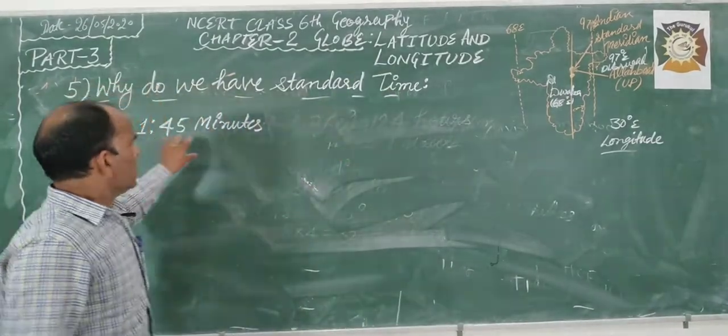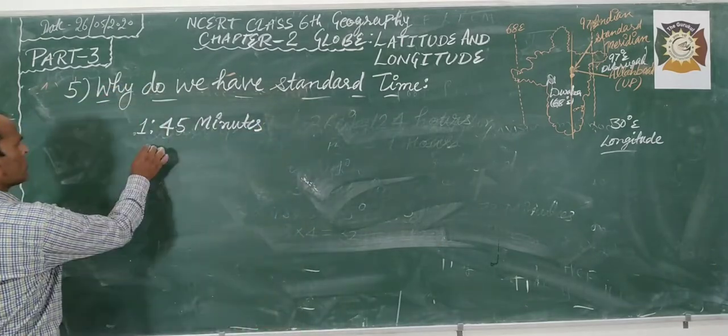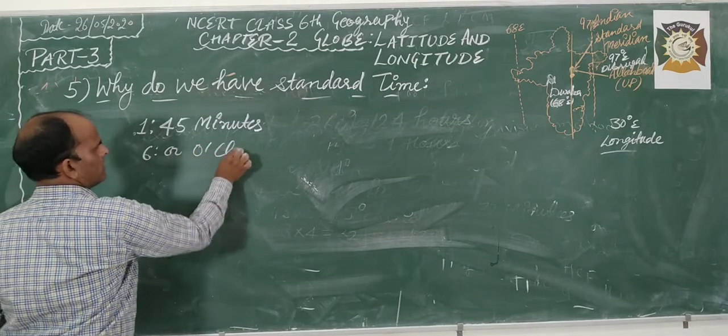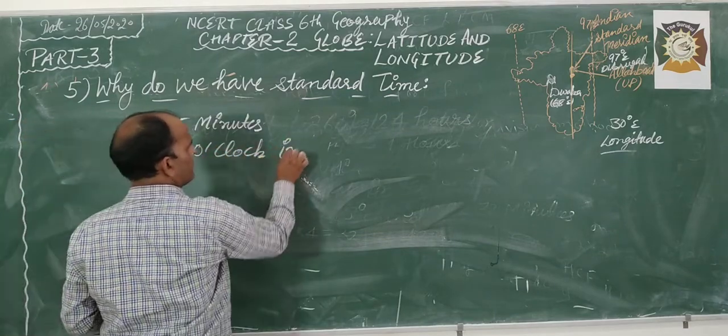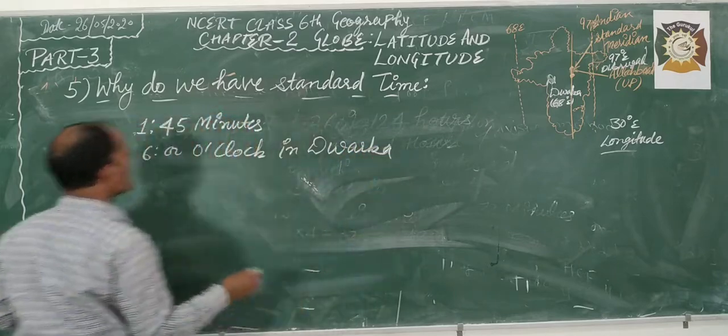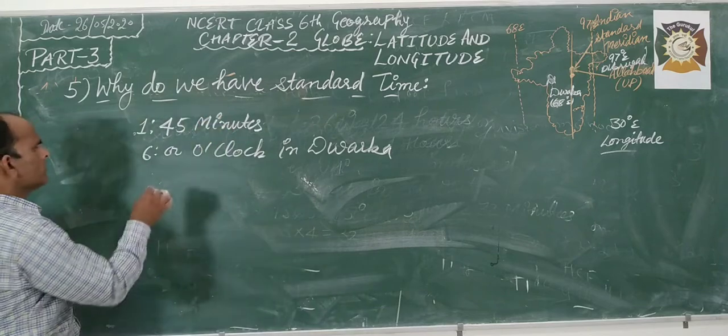So if it is 6 o'clock in Dwarka, what will be the time in Dibrugarh?